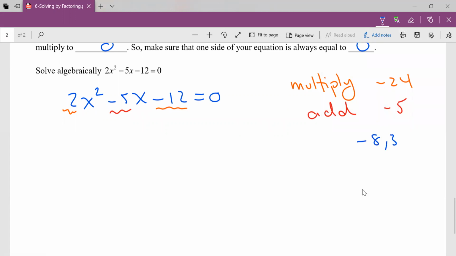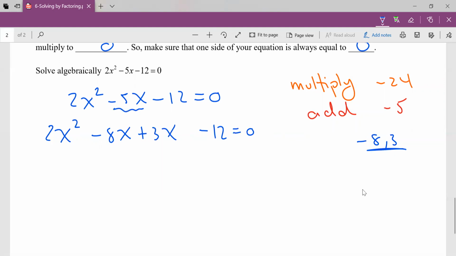Now there are many ways to factor a complex trinomial. I'm going to do it in two ways. I'll first use decomposition, and then I'm going to use a much quicker way called inspection. It depends on how your teacher showed you this in 10C. With decomposition, all I'm going to do is decompose minus 5 into the two numbers that we just found, negative 8 and 3.